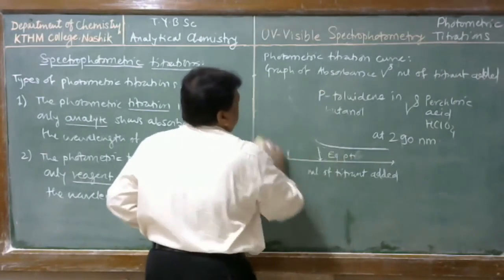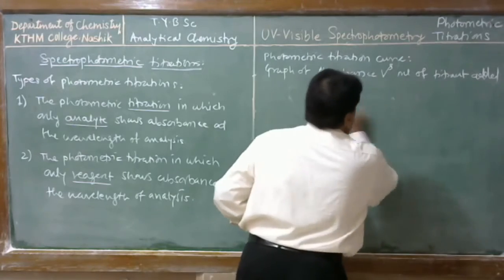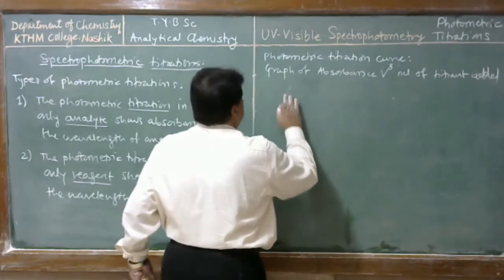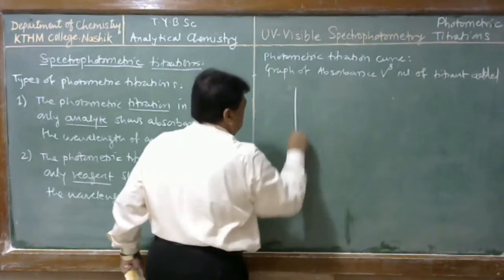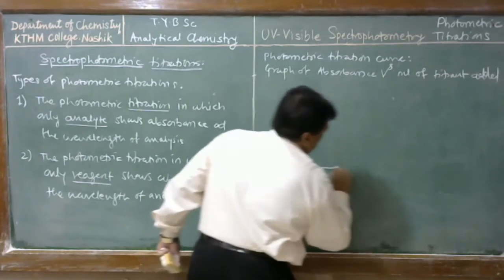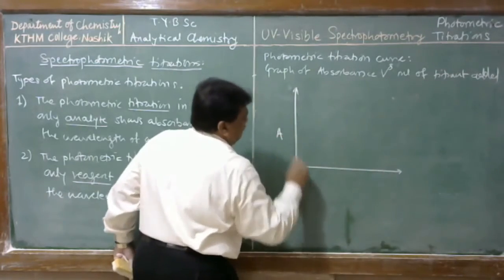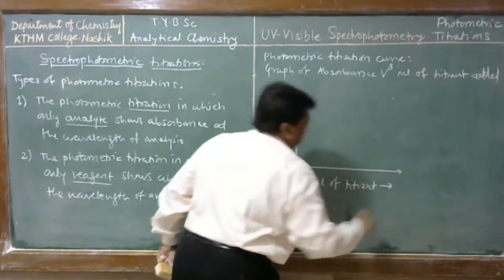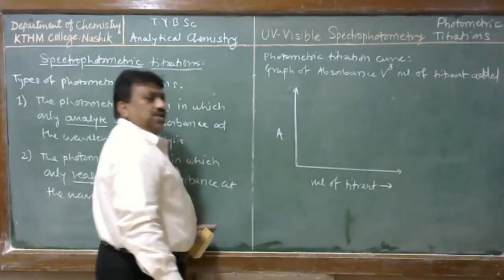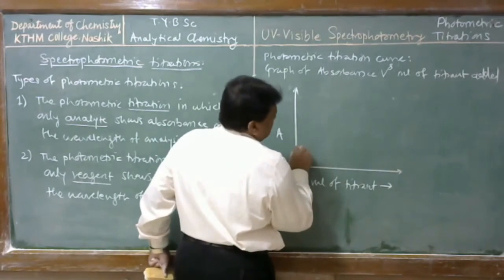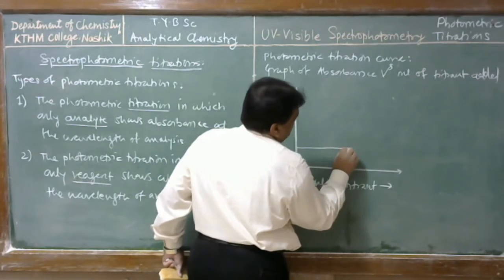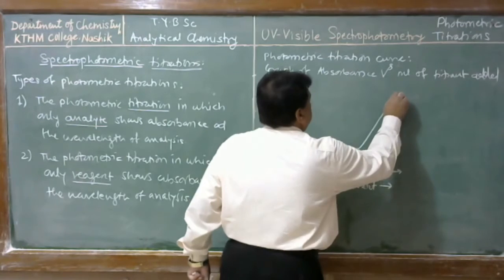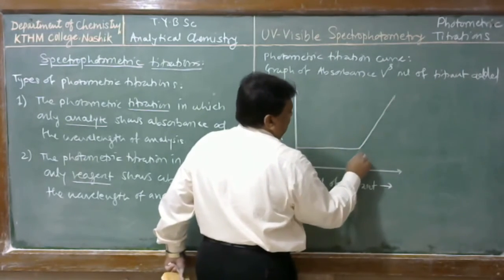Here, in the photometric titration curve for this reaction, only the reagent, that means the standard solution added from the burette, shows the absorbance, while the reaction product and analyte do not. Therefore, the colorless analyte is converted into a colorless product, so absorbance is constant up to the equivalence point, and after the equivalence point, extra addition of the reagent increases the absorbance.